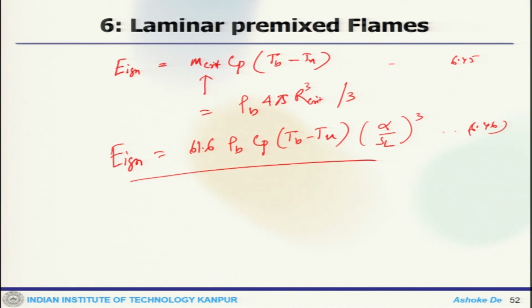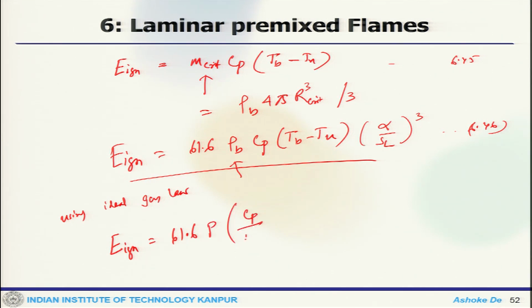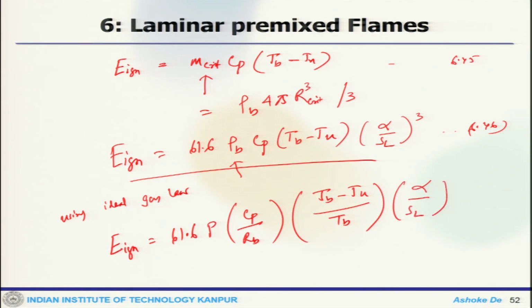Now, one can eliminate this rho b from here by using the ideal gas law. If we do that, using the ideal gas law, one can eliminate rho b and you get E equals 61.6 P Cp by Rb times (Tb minus Tu) by Tb times (alpha by SL) cubed.